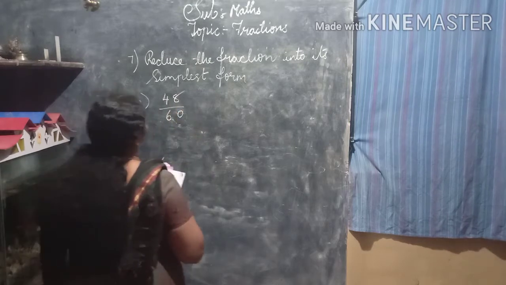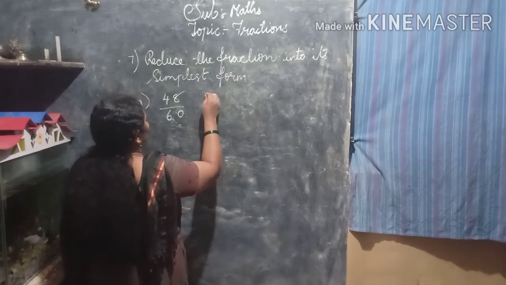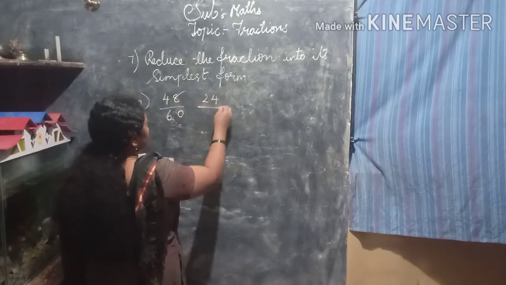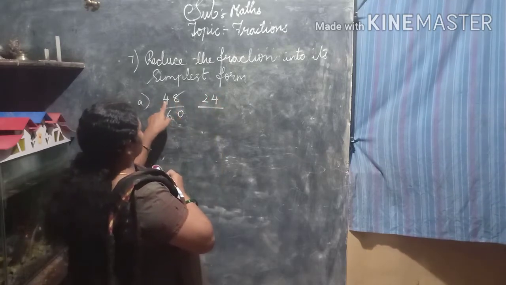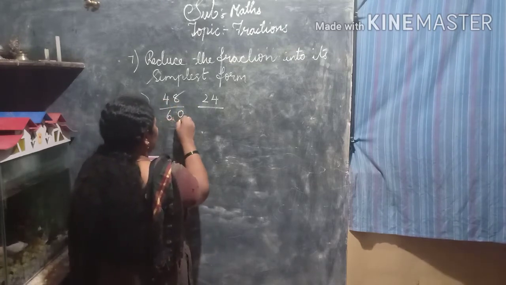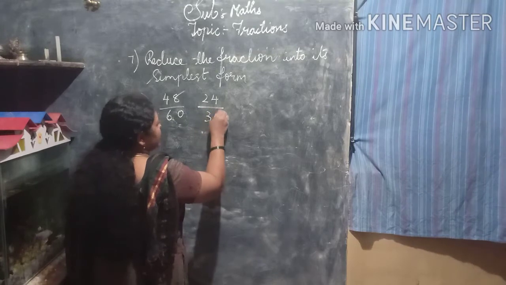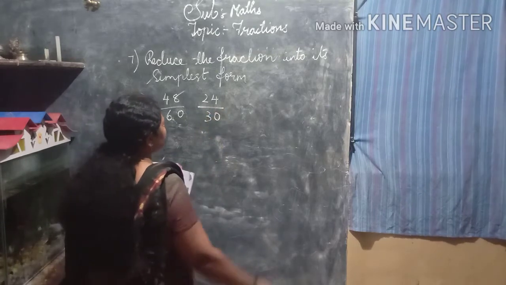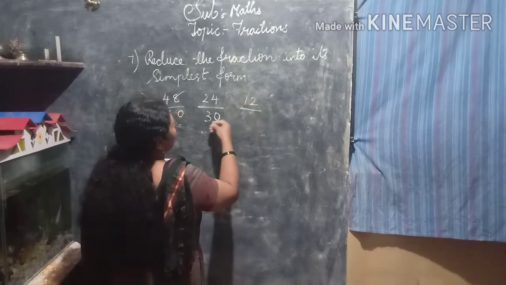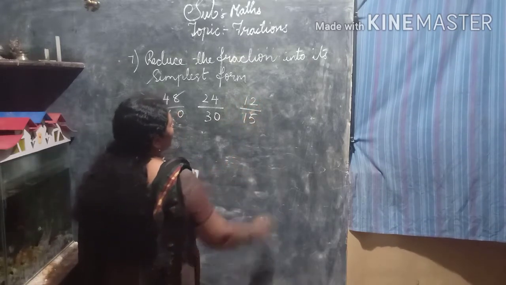This 48, if you start dividing, 2 twos are 4, 2 fours are 8. It goes into the 2 table. 60, 2 thirties are 60, isn't it? Again 24, 24 is 2 twelves are 24, 2 sixes are 12.